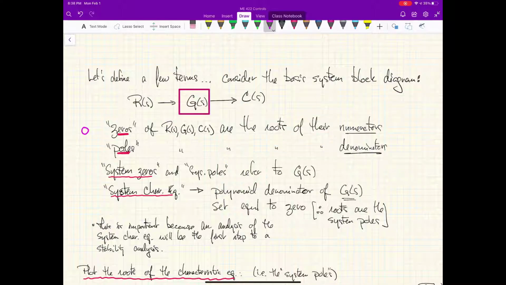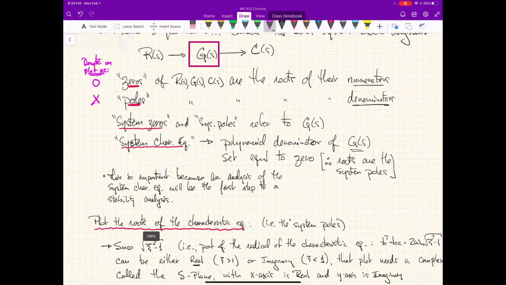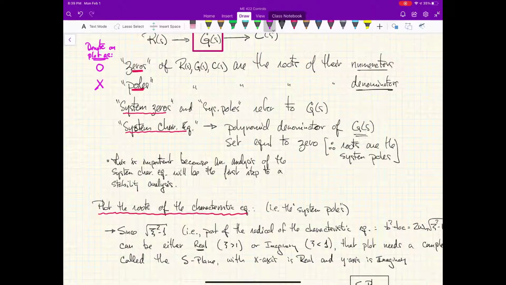The poles on that graph, so I'm going to say denote on plot as 0 for zeros, X for poles. It's almost like a game of tic-tac-toe. And yeah, so those are going to be important actually. Those are going to be how we're going to delineate between zeros and poles on our plot later on. Okay.